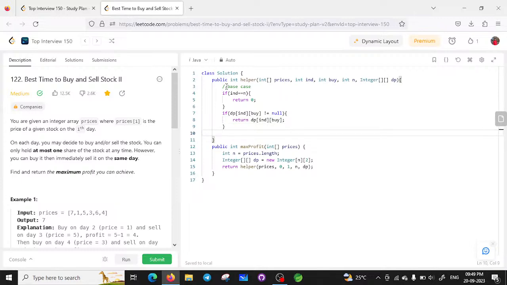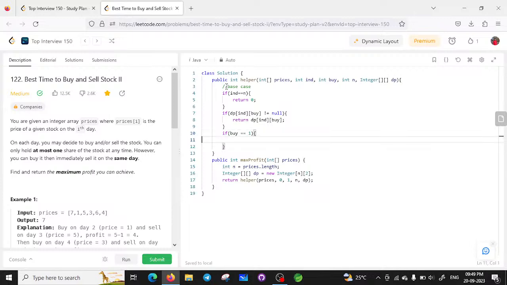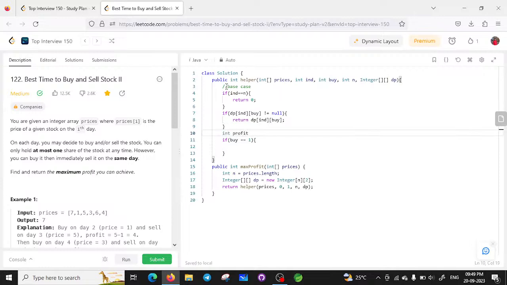Okay. Next will be some condition. If buy is equal to 1, then okay. Before that we need to store profit in a variable. Profit is equal to Math.max. We'll always be storing Math.max of minus prices at the index plus helper, and here we'll be passing the parameters prices and index plus 1 as we are incrementing.